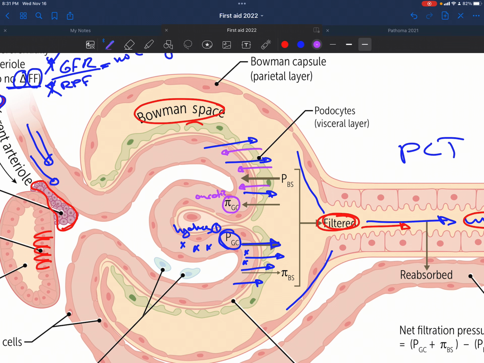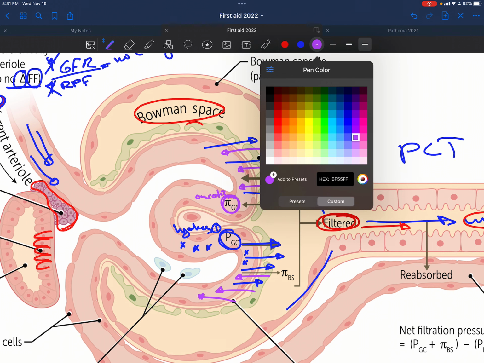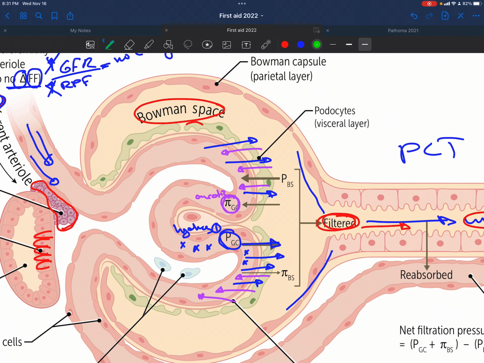The same thing applies for the Bowman space. The Bowman space has hydrostatic pressure, which pushes stuff from within the Bowman space into the vessel, so it pushes things to the outside of the Bowman space.